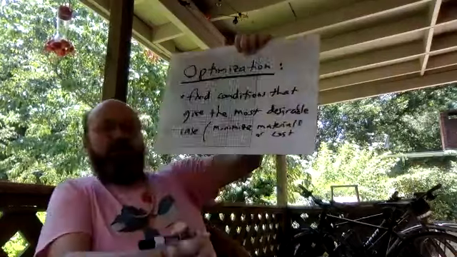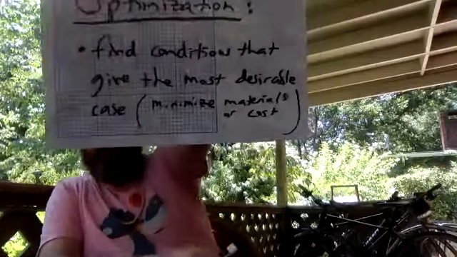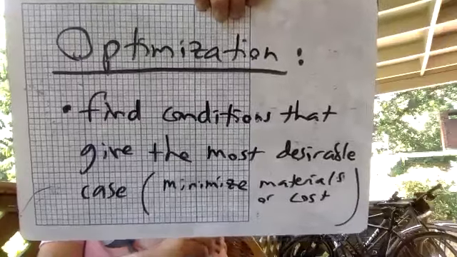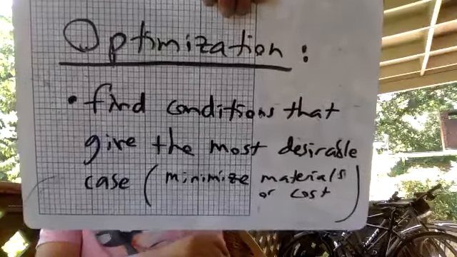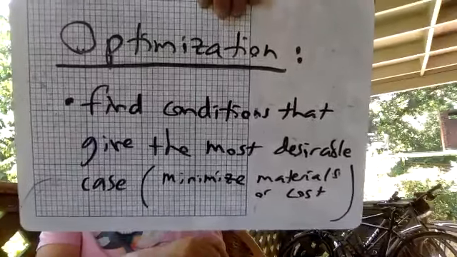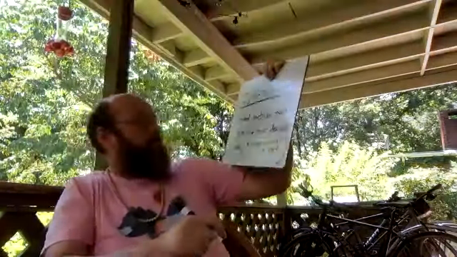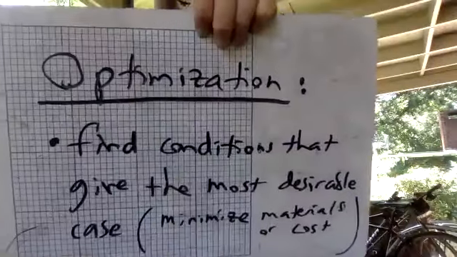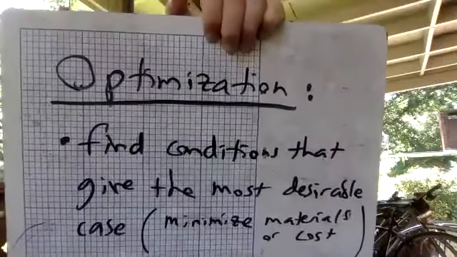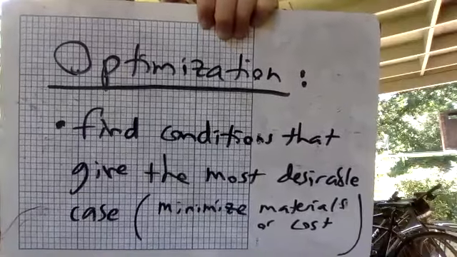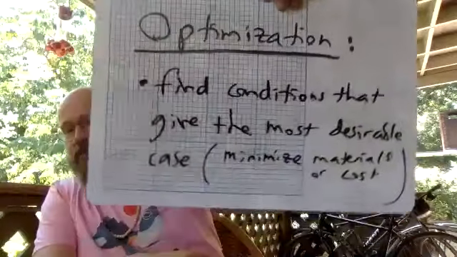That's a super big deal in business and industry. Trying to figure out how to minimize the amount of materials you use. For instance, how to produce a box that's the right size but use the least cardboard, or how to produce cookies from a certain recipe and at the least cost, or something like that.